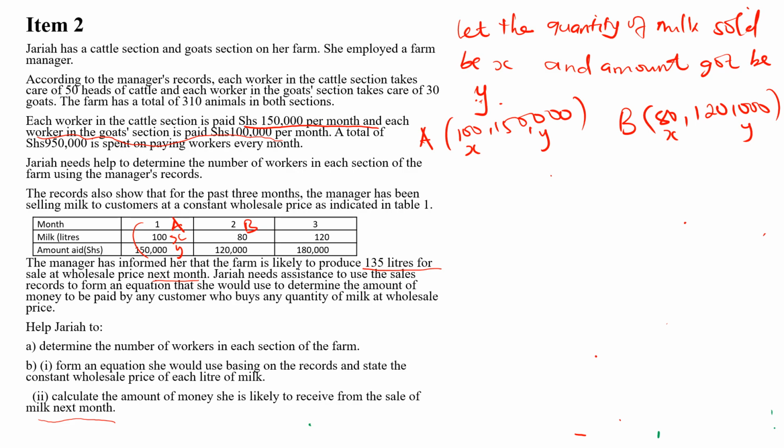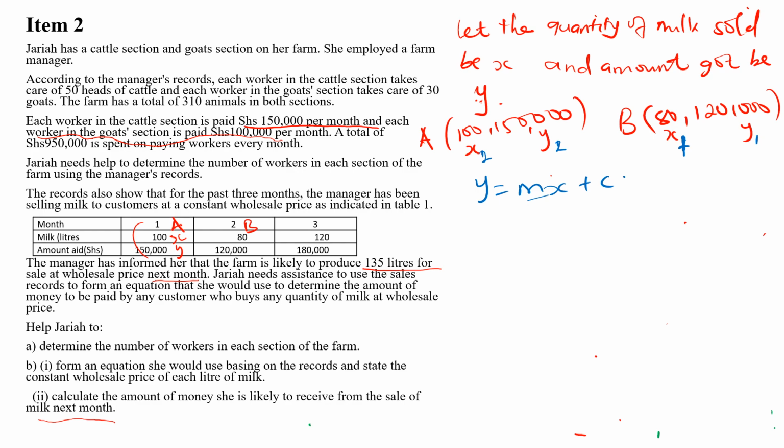Now let me call this one x1, y1, and this one x2, making this one x2 because it is bigger to avoid negatives, then y2. But remember, the equation of a straight line is in this form: y is equal to mx plus c, of which m represents the gradient and c represents the y-intercept.